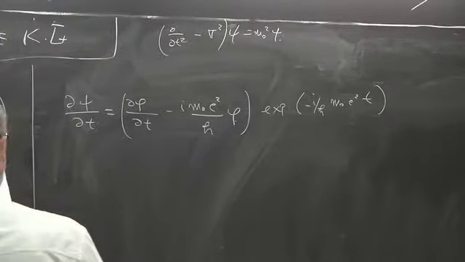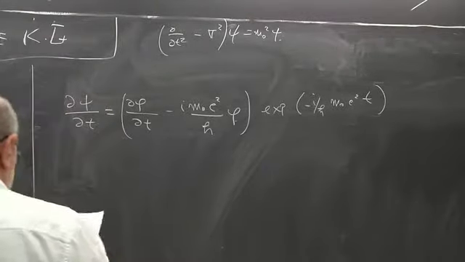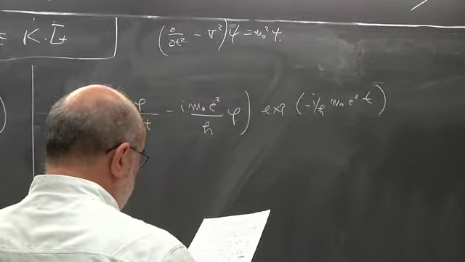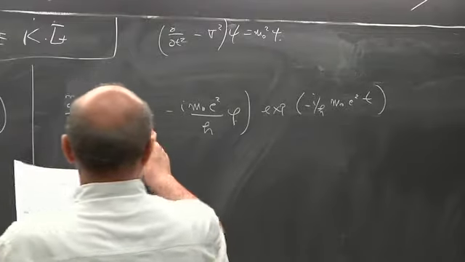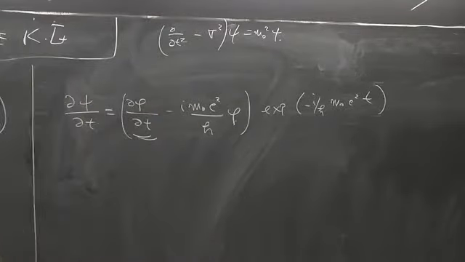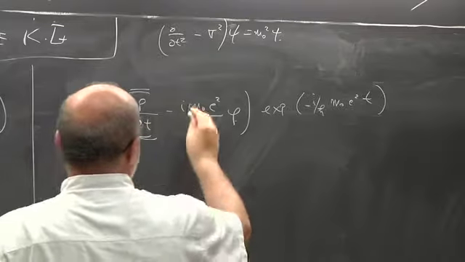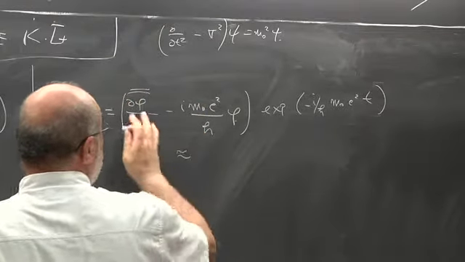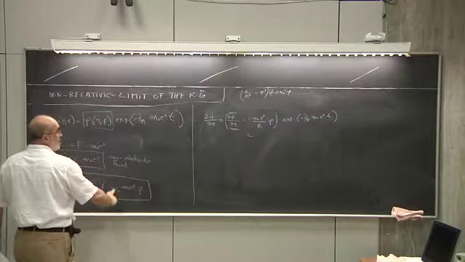Now, let's do the derivative one more time. Well, first of all, let's remember that this piece, according to the non-relativistic limit, is much smaller than this piece, modulo a factor of h bar. So this piece is much smaller than that piece.